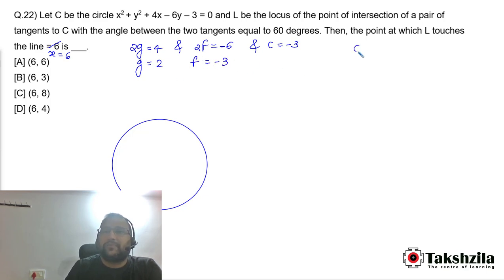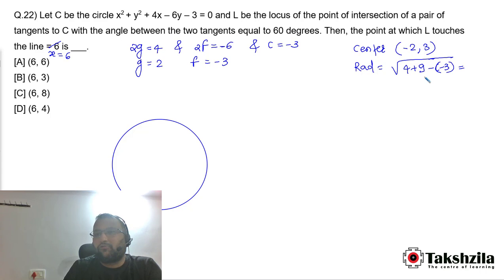So the center becomes how much? The coordinates of center is -g comma -f, and the radius is equal to under root g square plus f square minus c. The radius is equal to 9 plus 7, 16, under root 16, that is equal to 4.